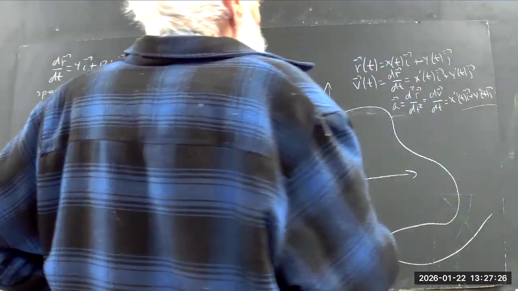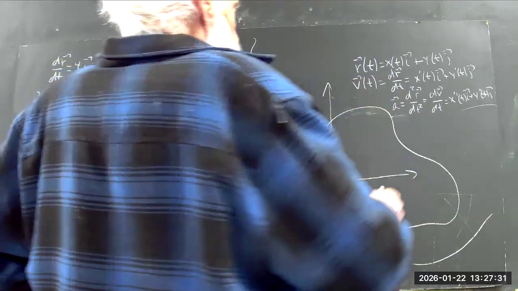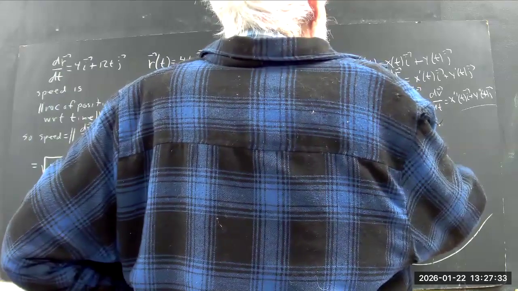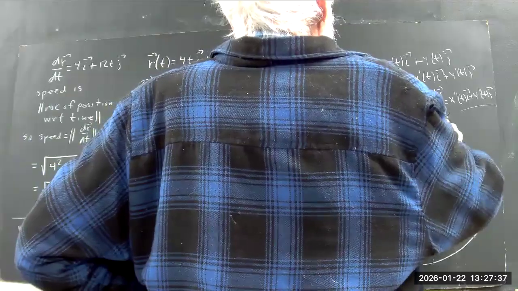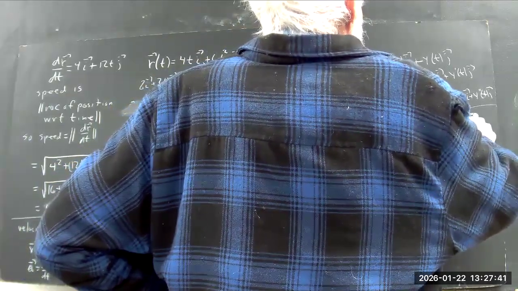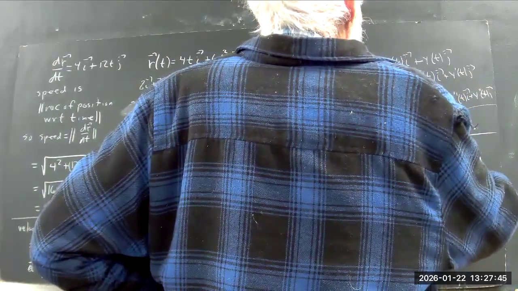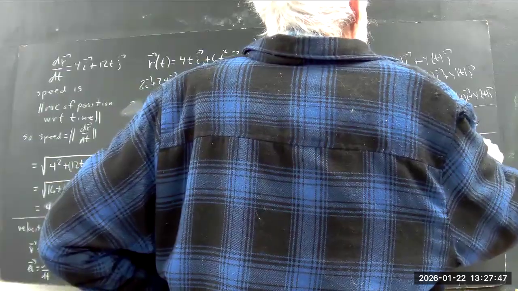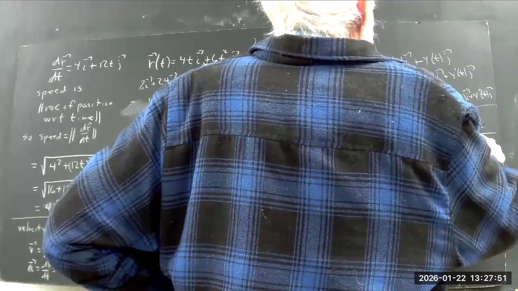Okay, so anyhow, you have your acceleration function. I should have written a of t, but that's implicit. The speed is the magnitude of the velocity, which is the square root of x prime squared plus y prime squared.